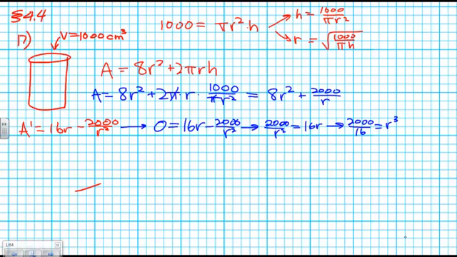Is that going evenly? What do you got for me? It's 125 is our cube, so r is 5. And so therefore r has got to equal 5?